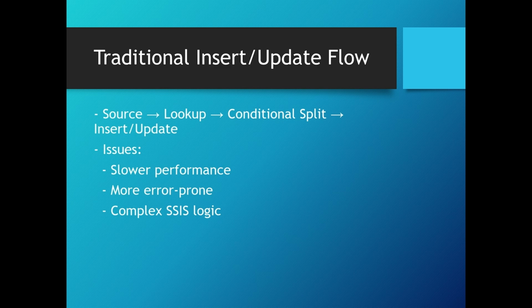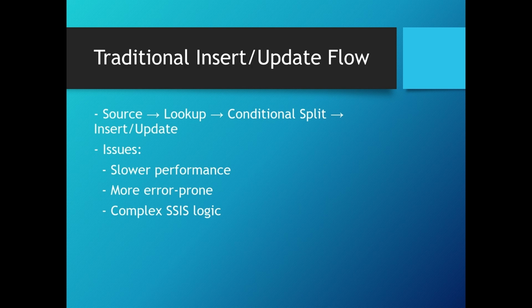Now let's discuss the traditional insert and update flow. If you remember, we have source data, then we apply a lookup. In my previous videos, I went through that concept, where we compare the data with our final table, meaning our destination table.